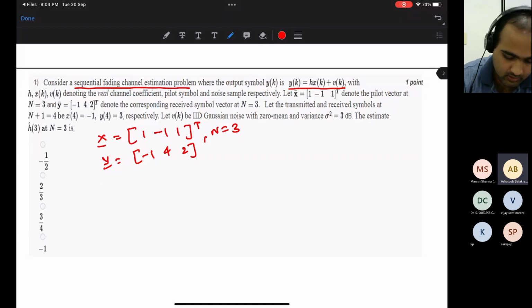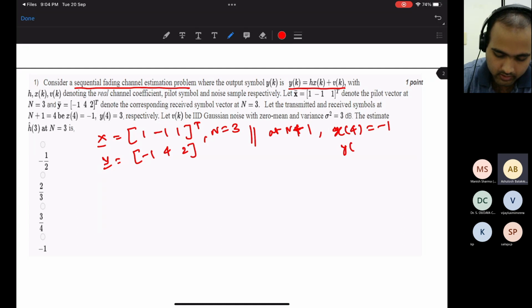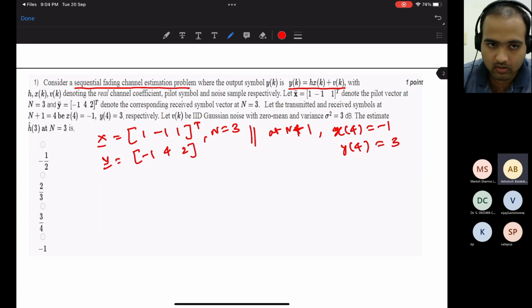And at t equal to n plus 1, x4 is -1 and y4 is 3. These are all given.